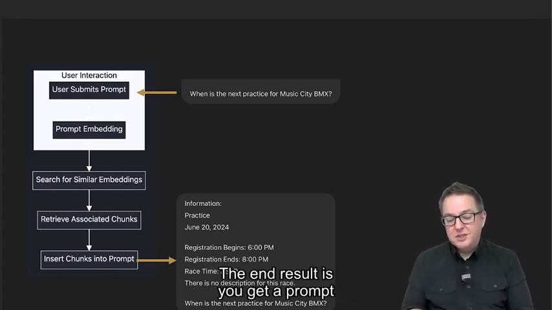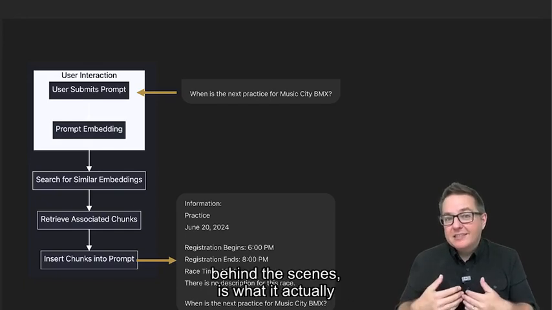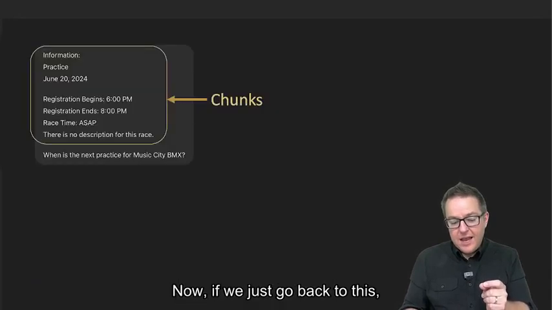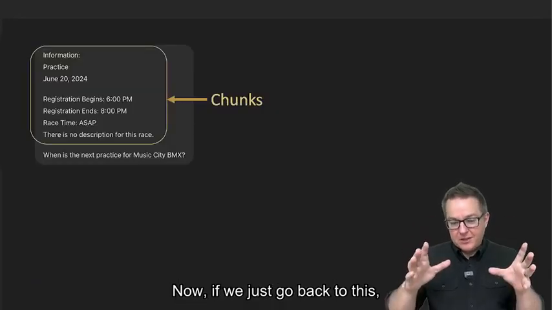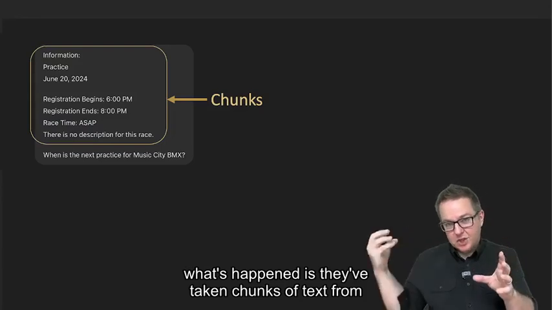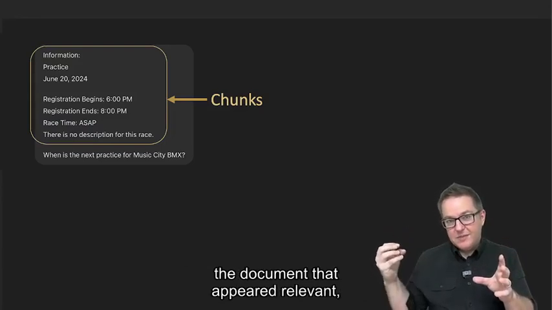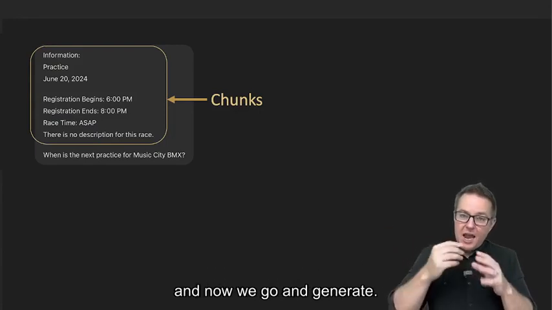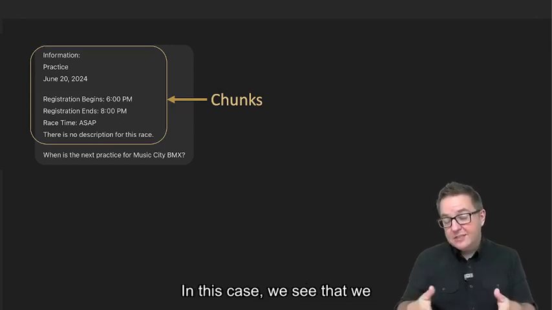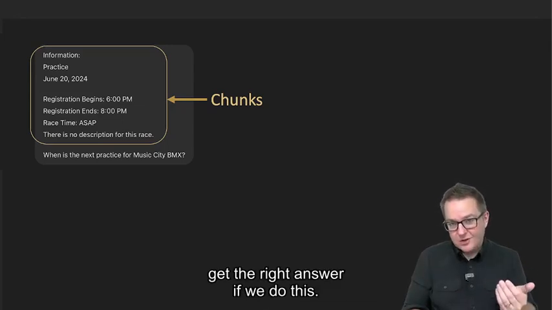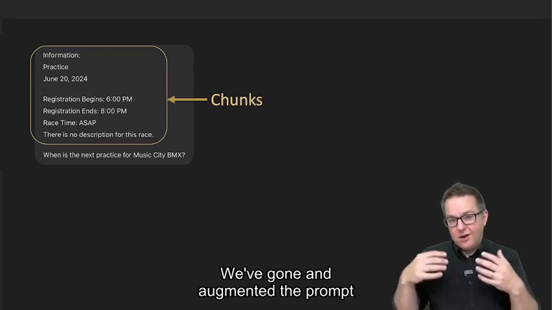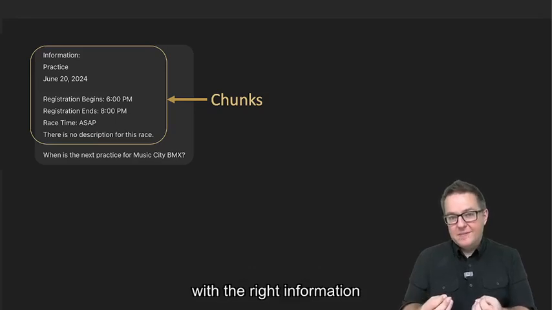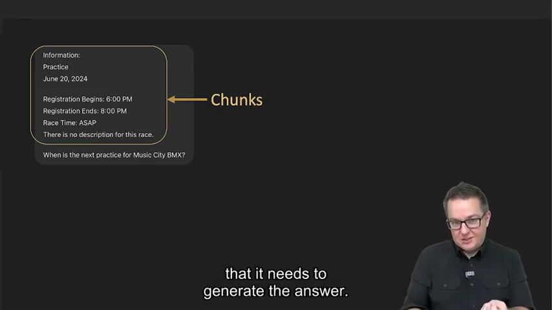So the end result is you get a prompt like this, and behind the scenes this is what it actually submits and generates with. Now, if we go back to this, what's happened is they've taken chunks of text from the document that appeared relevant and dumped them into the prompt, and now we generate. And in this case, we get the right answer. We've augmented the prompt with the right information that it needs to generate the answer.